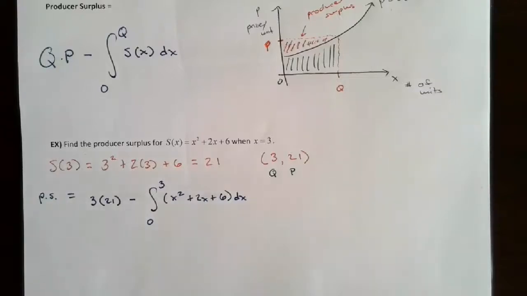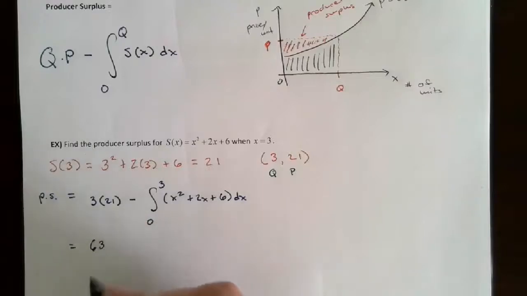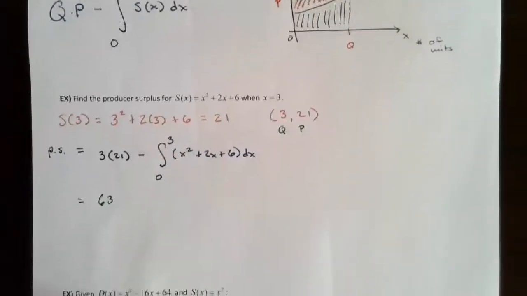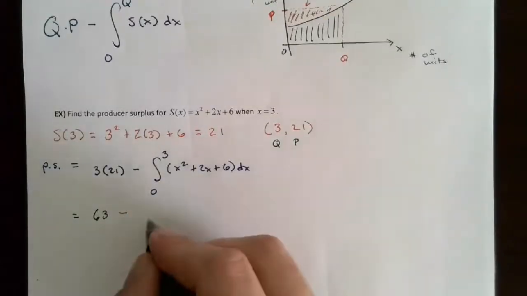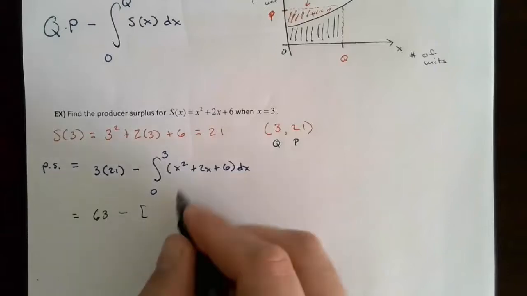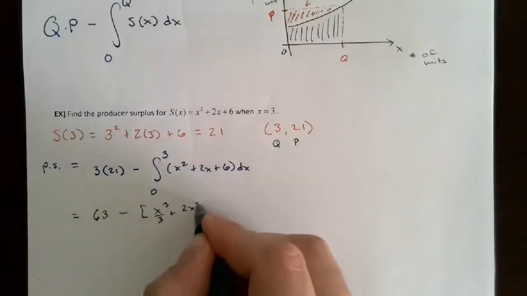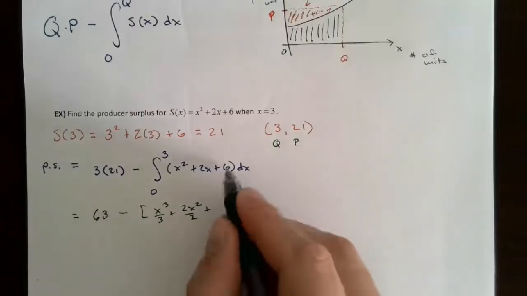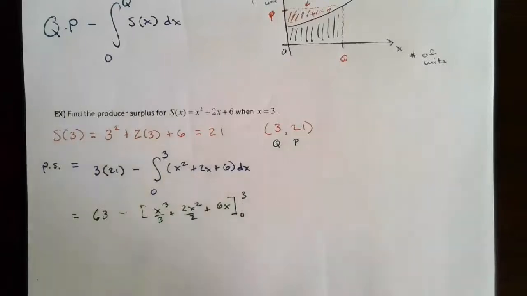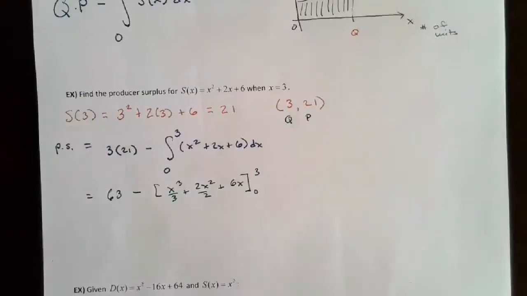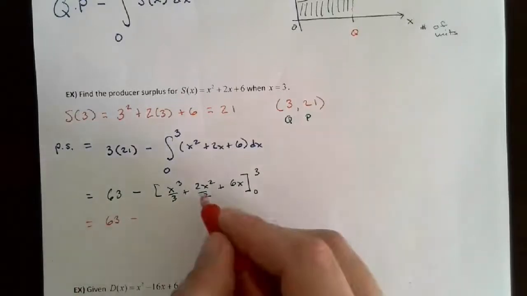Now we want to evaluate this. 3 times 21 gives me 63. Minus, we've got this integral we'll evaluate here. So we have minus x to the third over 3 plus 2x squared over 2 plus 6x, evaluating from 0 to 3. Make sure you got that negative sign in the brackets after it. Simplifying here, I have 63 minus, these 2's will cancel.